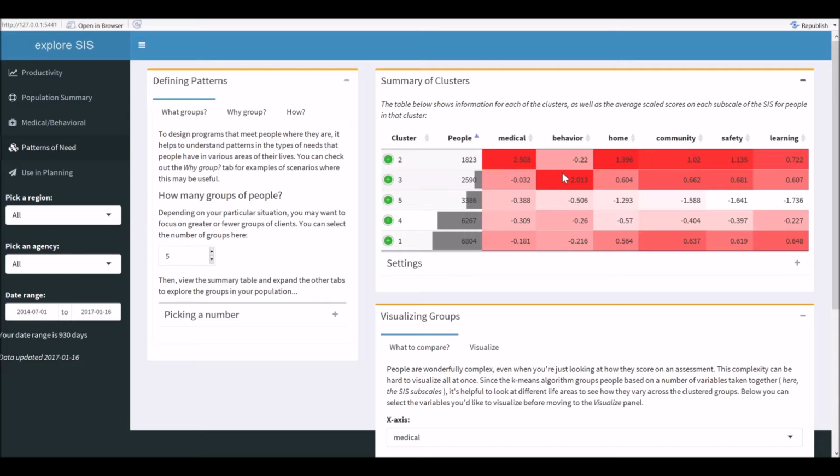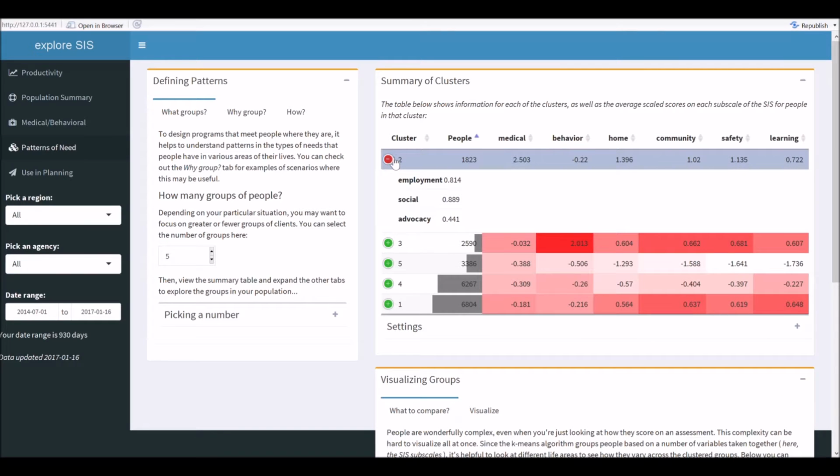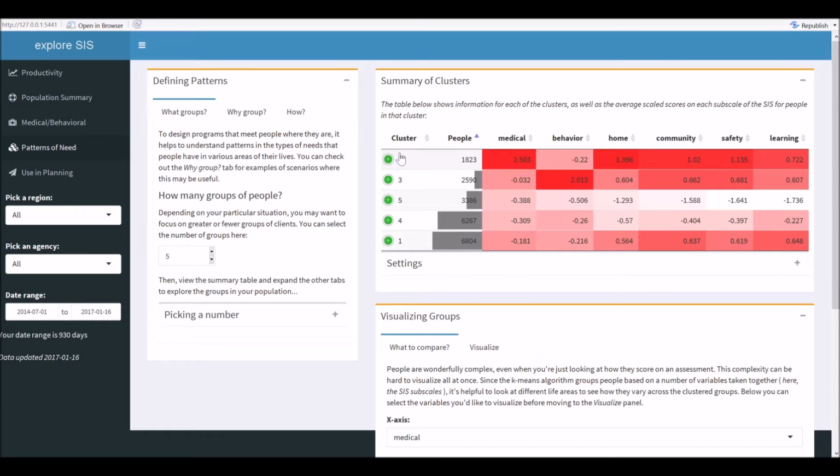So we want to look at the medical dimension, the behavioral dimension. There's some difference here in the home dimension. And then we can also include safety and advocacy.